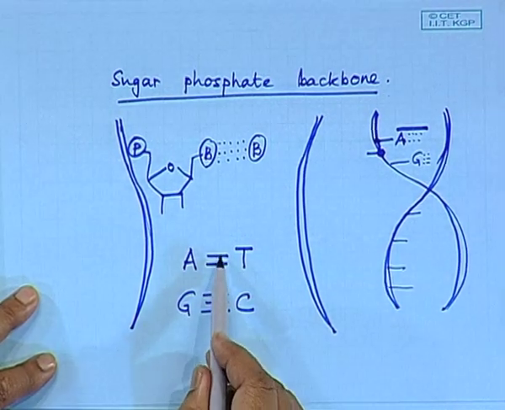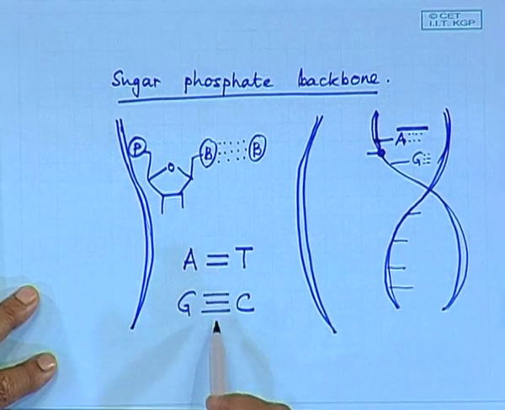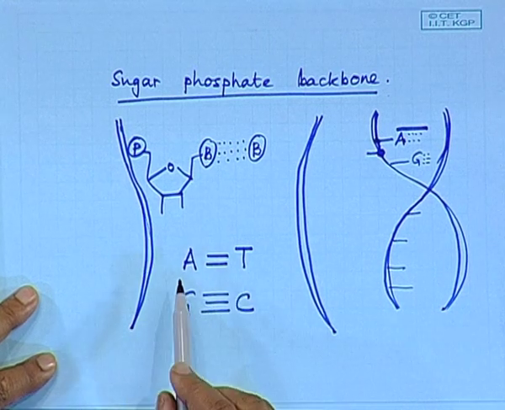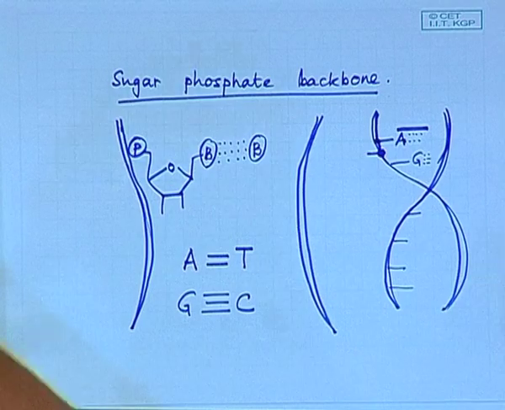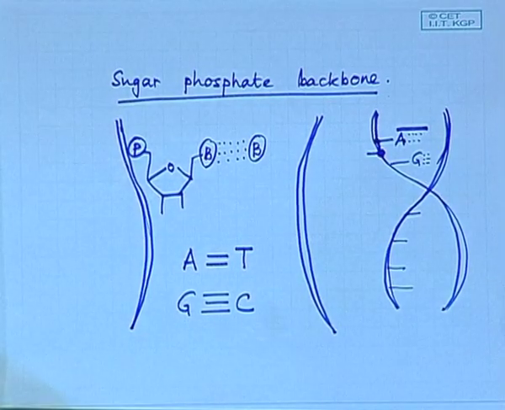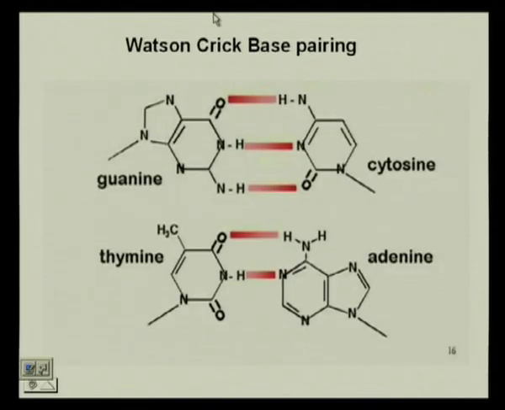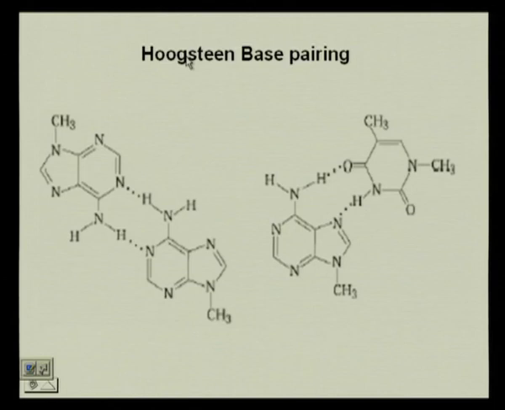It means you have 2 hydrogen bonds here and here you have 3 hydrogen bonds, okay? And we have purine and pyrimidine base pairing. We have another type of base pairing. The one that I mentioned before is Watson-Crick base pairing. There is another type of base pairing that is called Hoogsteen base pairing.